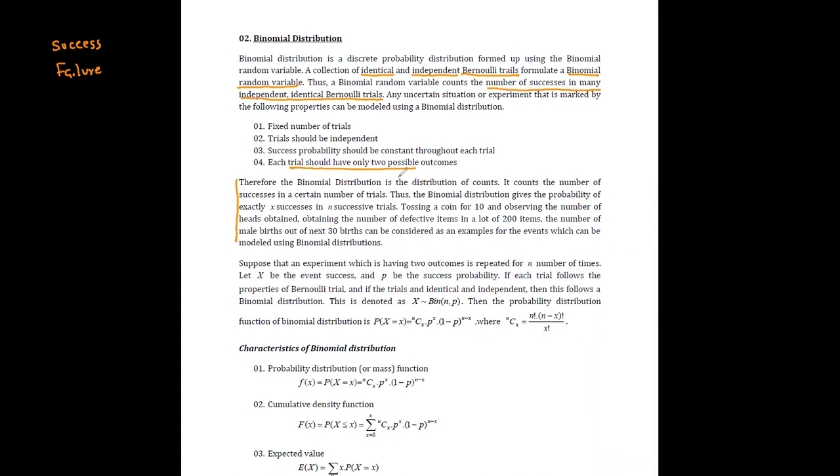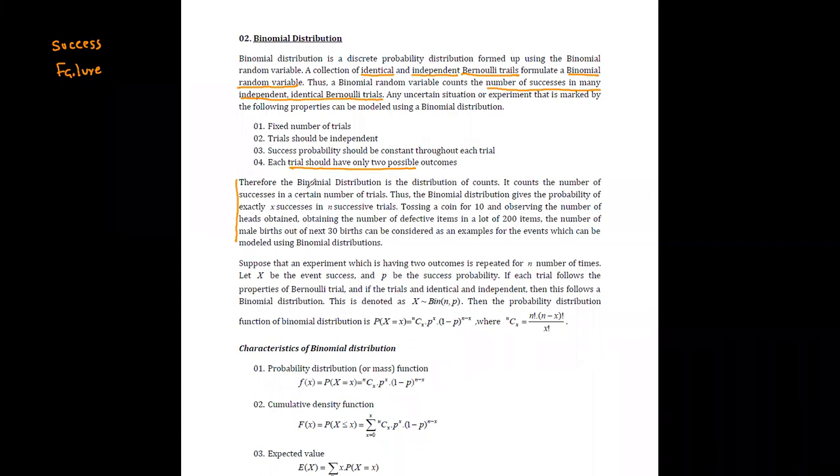It says that the binomial distribution is a distribution of counts. It is because we are repeating an experiment several times, and among these trials we are just counting how many successes there were. That is what we are observing. Therefore, we are just having the counting only.